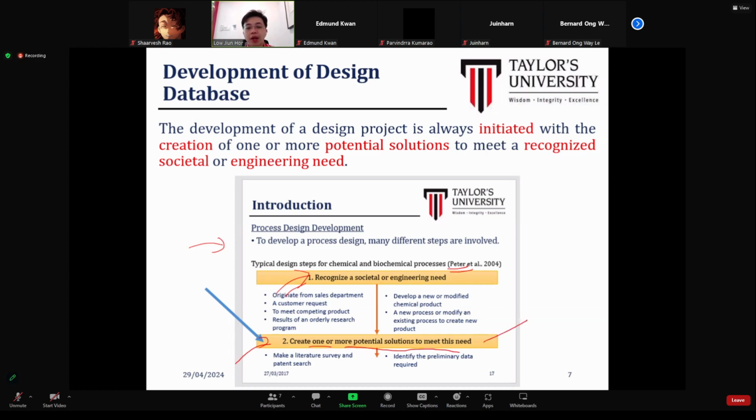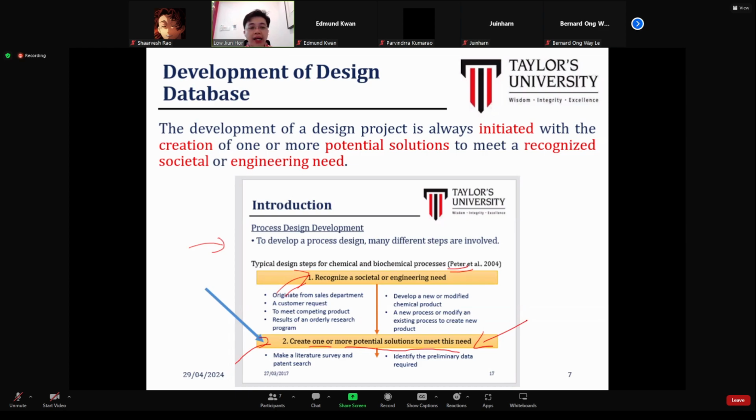So that means now we have already confirmed the product we want to produce. Now is the time we want to do some literature review. That means we are going to refer to previous journal articles, reference books, or even the patents shared by the publisher on how to produce the product that you want to produce.